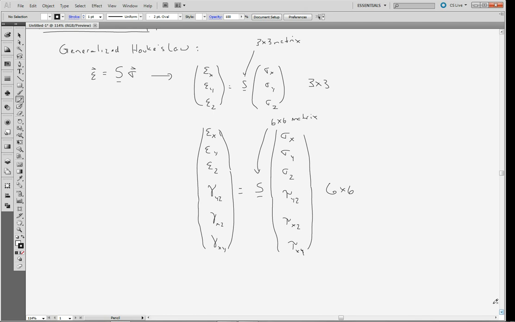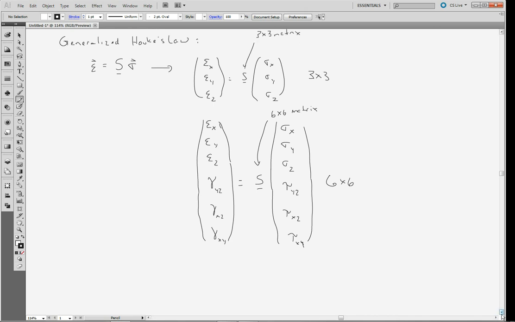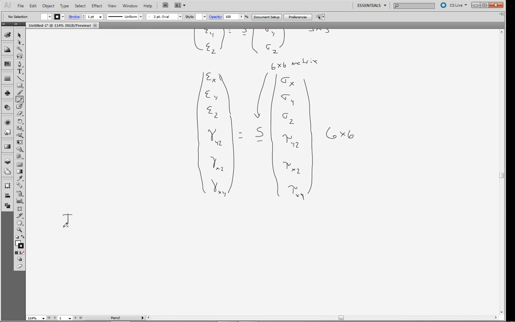All right, so why does that matter? Well, it turns out that we can simplify a lot of our material properties by using generalized Hooke's law. Up until now, we've been dealing with isotropic materials, and we'll go through the material property matrix for isotropic materials, and maybe I'll convince you that this is relatively useful.